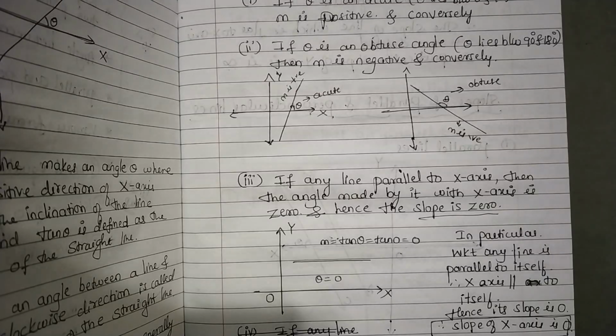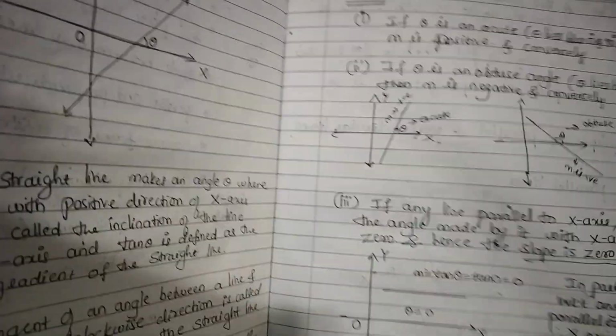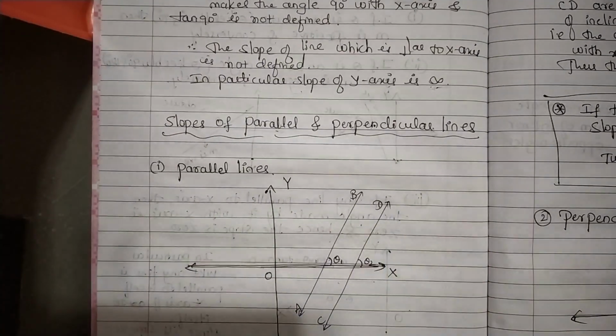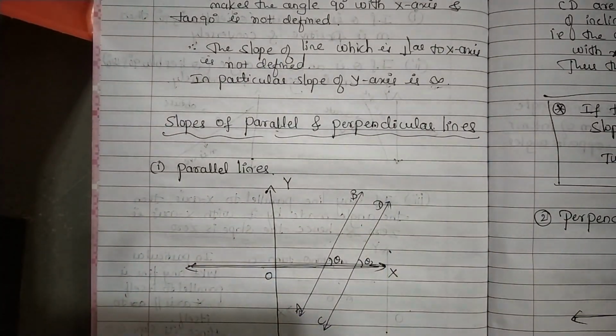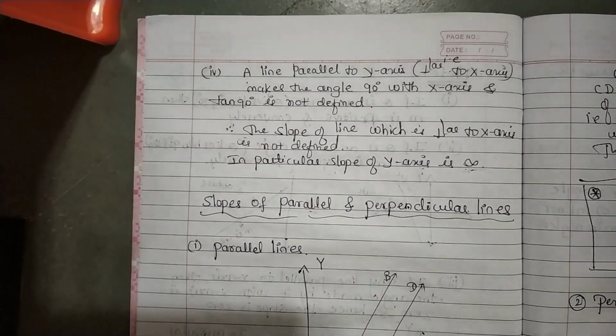Therefore slope of x-axis is 0. And if any line is perpendicular to x-axis, then the angle between them is 90 degree. Therefore slope is not defined. In particular, y-axis is perpendicular to x-axis, therefore the angle formed is 90 degree. Therefore we can say slope of y-axis is not defined.